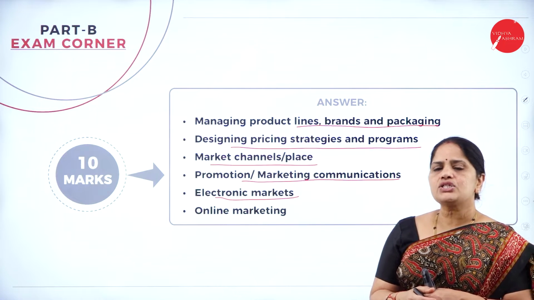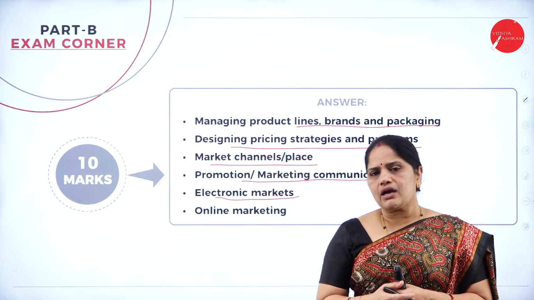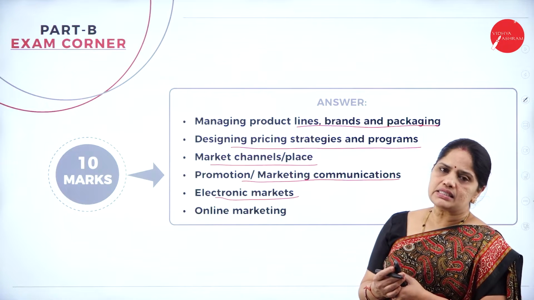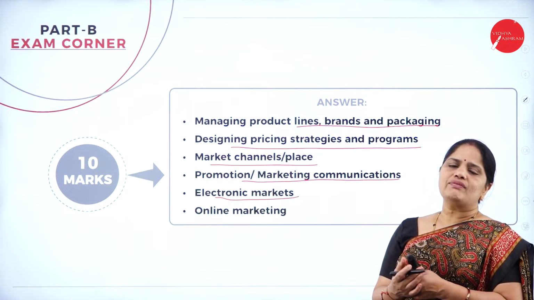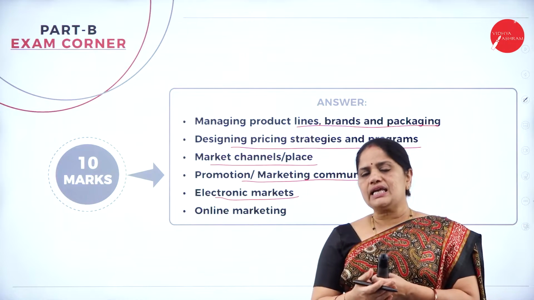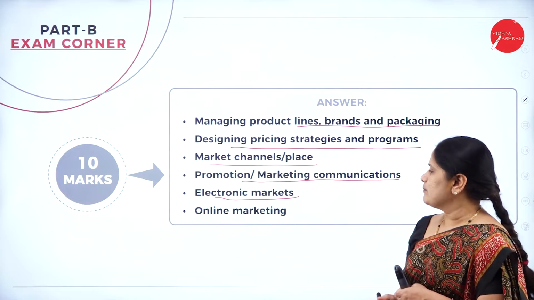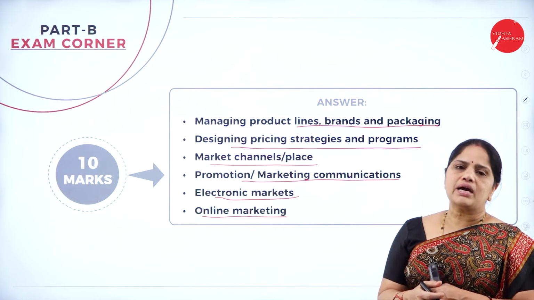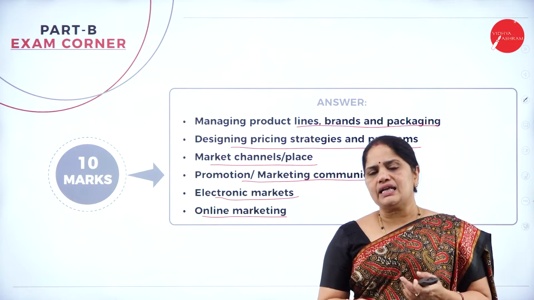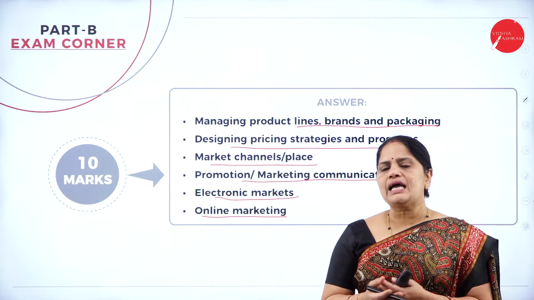Now what are these electronic markets? These are of the latest kinds in the business. The electronic market is one through which we order or sell everything over the electronic media, or we can also call it online marketing. Now everything and anything is sold through online marketing.